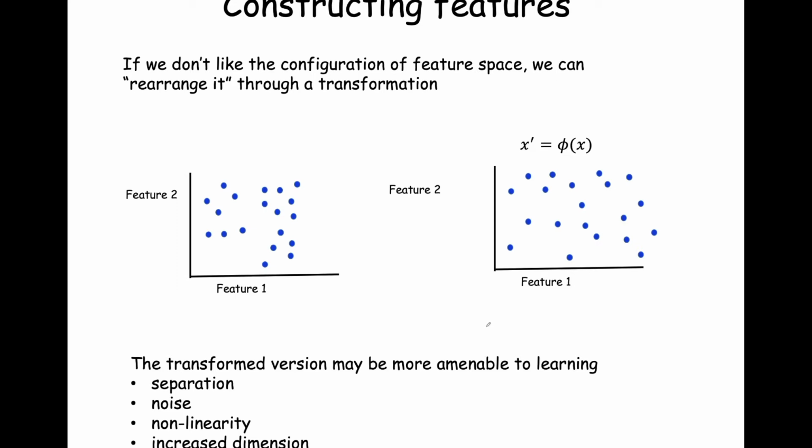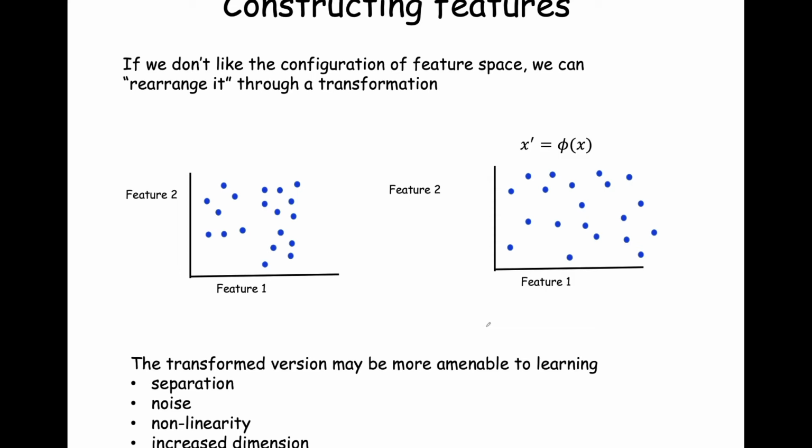It might give you better separation between points or data items or records or patterns of certain types. It could eliminate noise, or perhaps it will do away with nonlinearity, meaning that you need a highly nonlinear function in your hypothesis set in order to separate the points from one another if you were trying to carve up your feature space into groups.